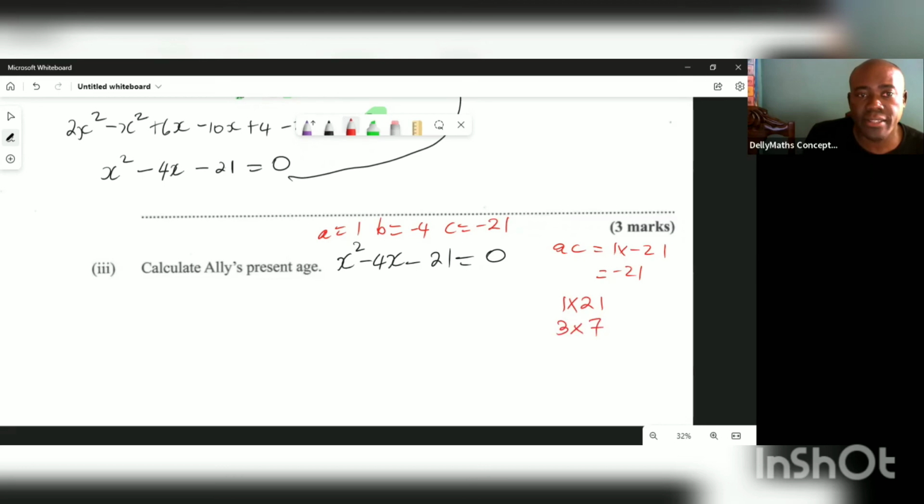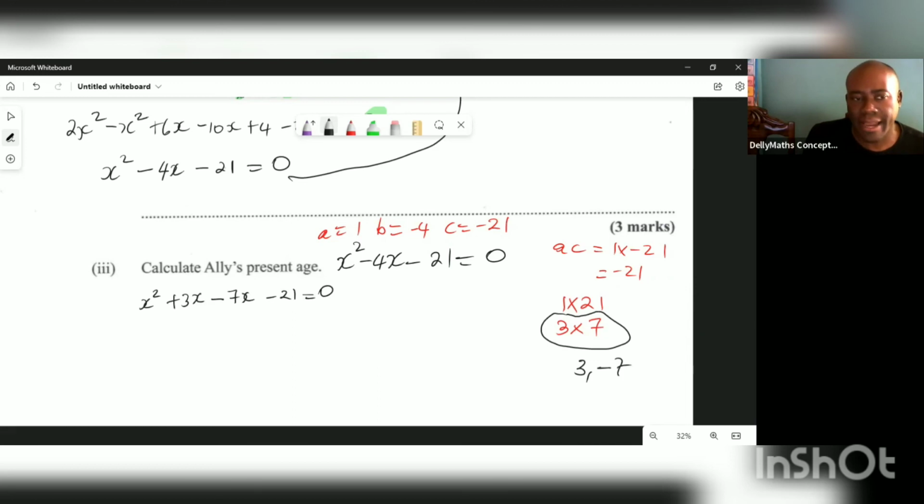And definitely we're seeing that a 3 and a 7 can give us a 4. So we're using positive 3 and negative 7 to get back a negative 4. So let us set up our thing. So we have x squared plus 3x minus 7x minus 21 is equal to 0.